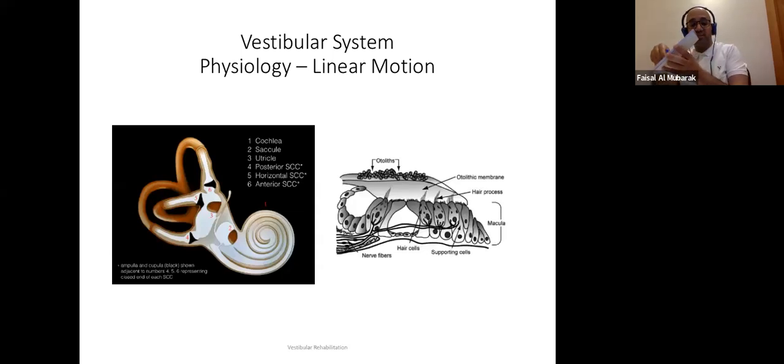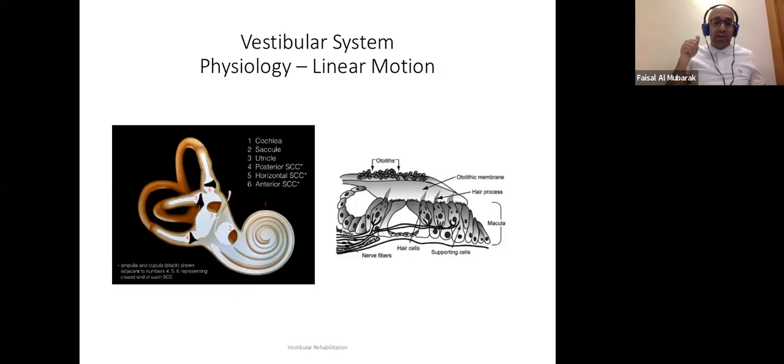That means this person is moving forward. And when they are going backward, it's pushing in the back and pulling in the front. If they are going side to side, it's going this way and that way: a push here and a pull there, and the opposite in the other direction.